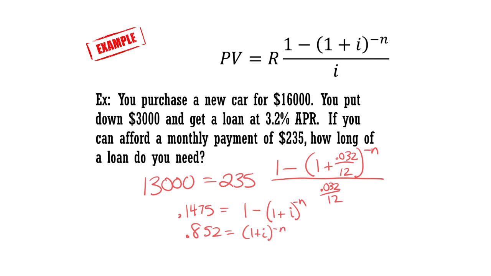And I am now ready to switch that to a logarithm. I'm kind of running out of room, so I'm going to go this way a little bit. As a logarithm, it's going to be log base, and you can actually type in 1 plus I. I don't even have to go calculate it. That's what I'm going to type in my calculator. 1 plus I is my base of the 0.852 number, but I'm going to go grab it for full values, equals negative n.